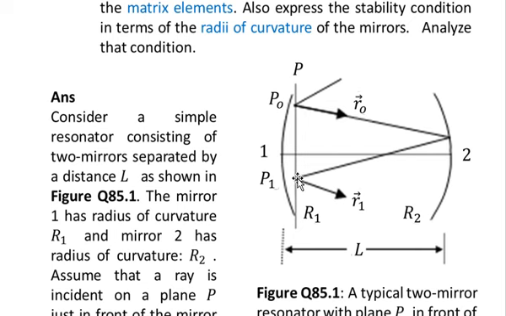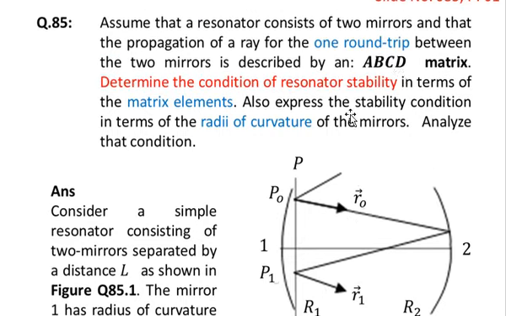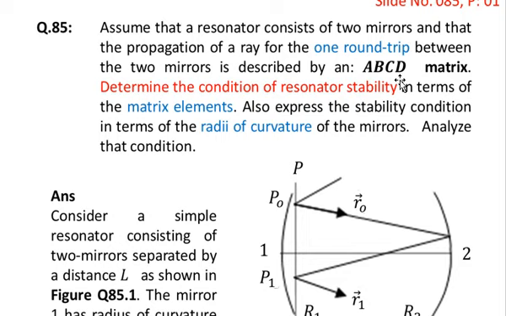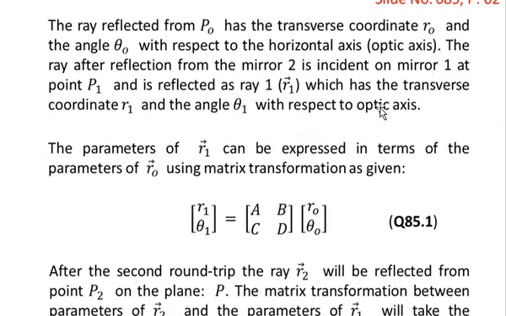And after one round trip, the coordinates of the ray are represented by the vector R1, and the initial coordinates of the ray which leaves the point P0 are represented by the vector R0. So we can connect the vector R1 with the vector R0 with the ABCD matrix, because we are assuming that the ABCD matrix of the system is known.